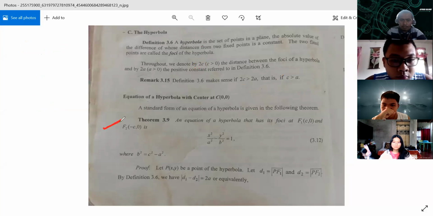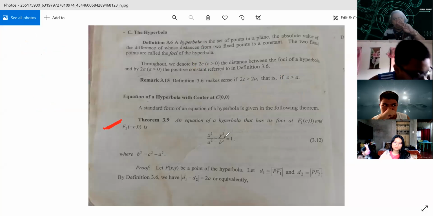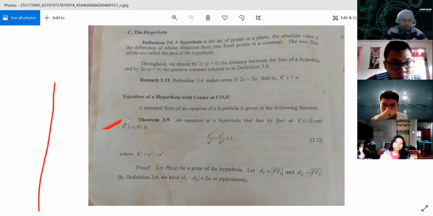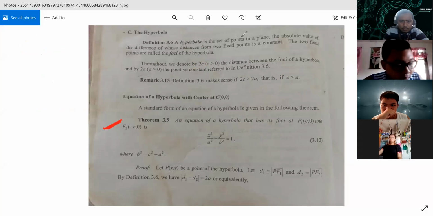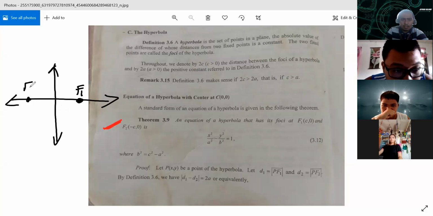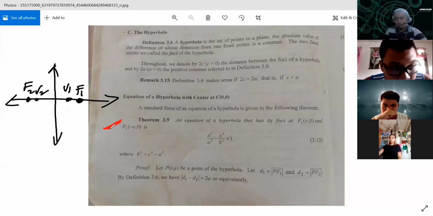We have here a theorem about a hyperbola wherein the center is at the origin. The first one looks something like this. Let me draw it so that you can see it. If focus 1 is at (c, 0) and focus 2 is at (-c, 0), then vertex 1 must be here and vertex 2 must be here.